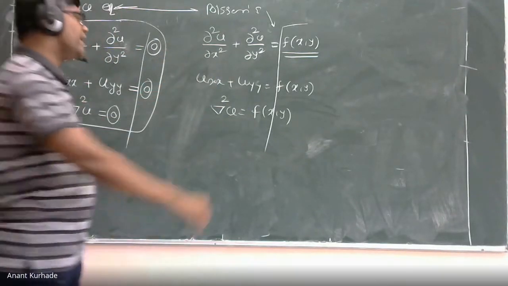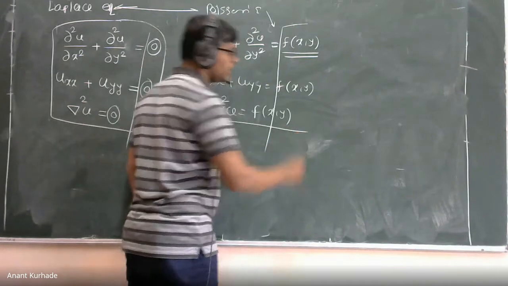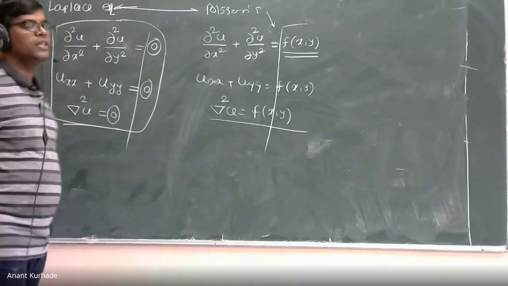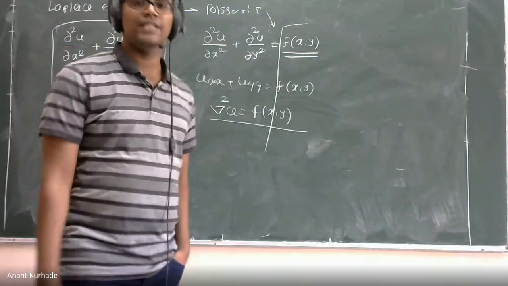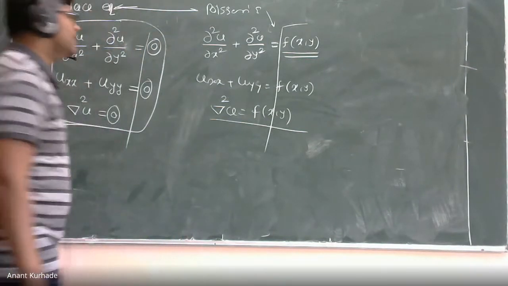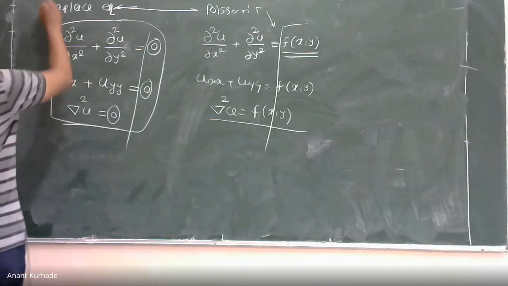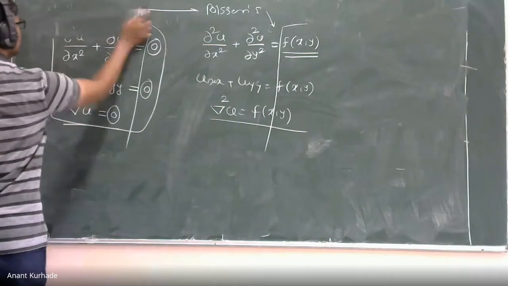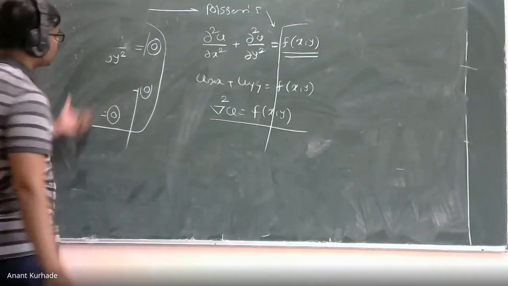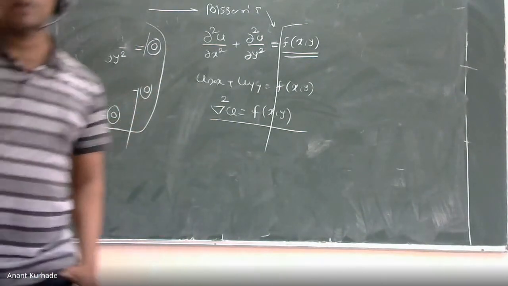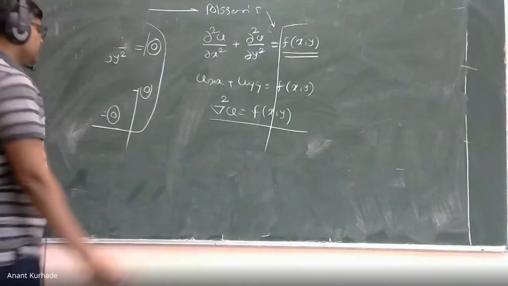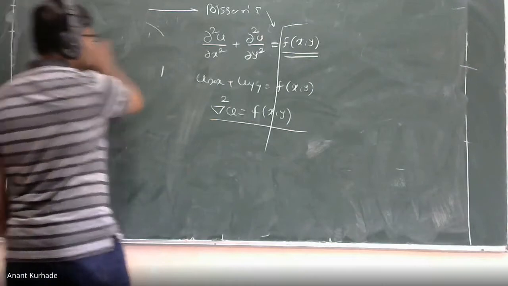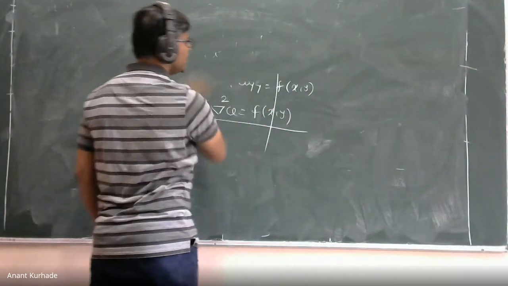If you find del square u is equal to f of x, y, then you can say it is Poisson's equation. If you find this equal to 0, try to solve by using Laplace equation. The method is the same, there is a slight change. So today we will see how to solve this Laplace equation problem. Now write down. Have you written these forms? Yes, sir.